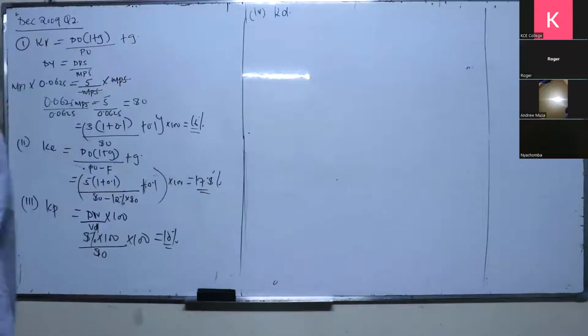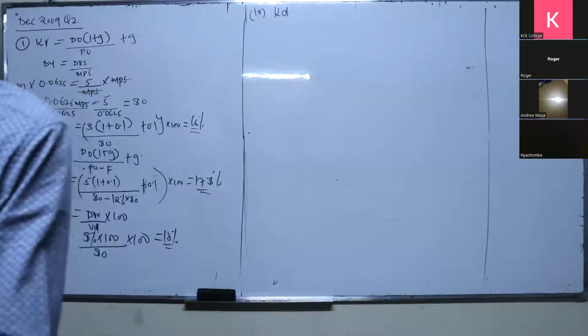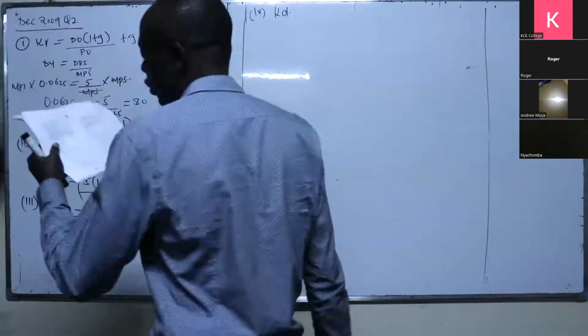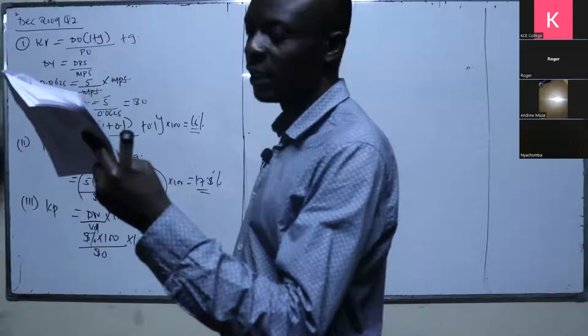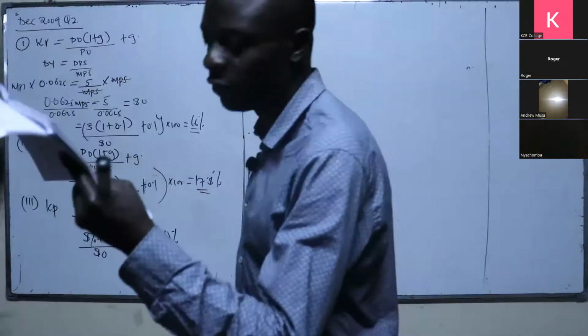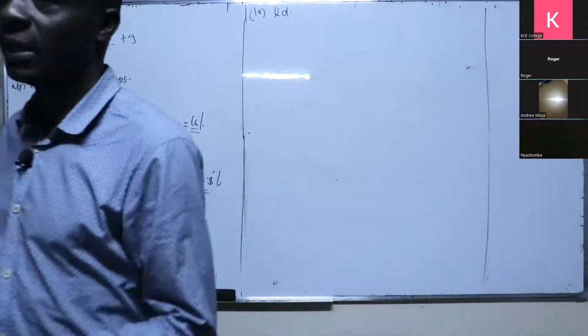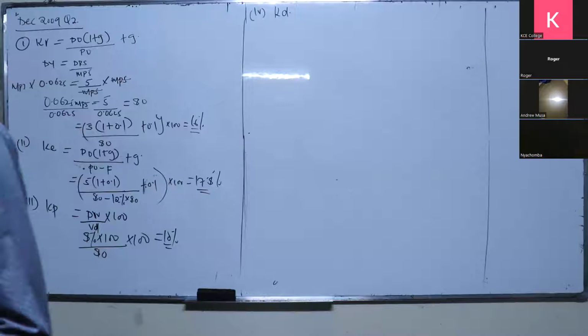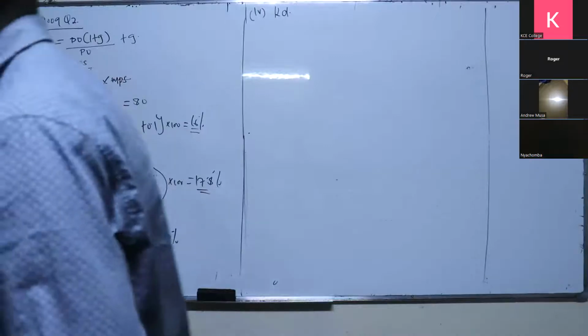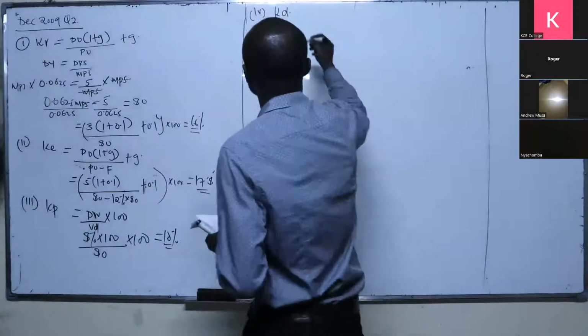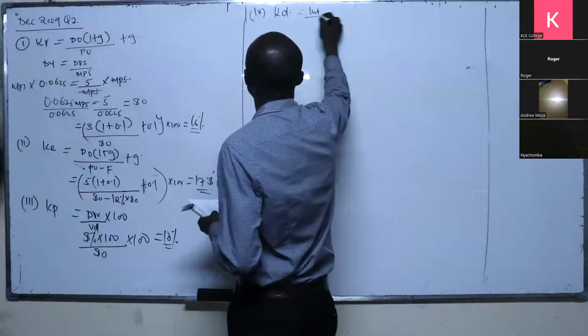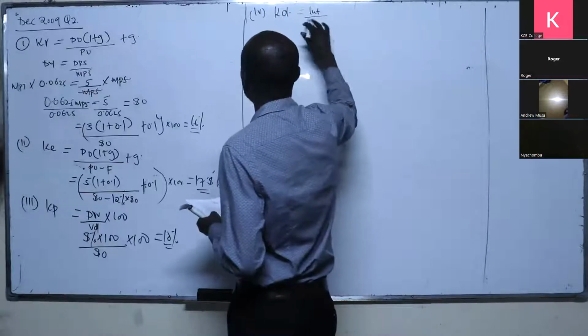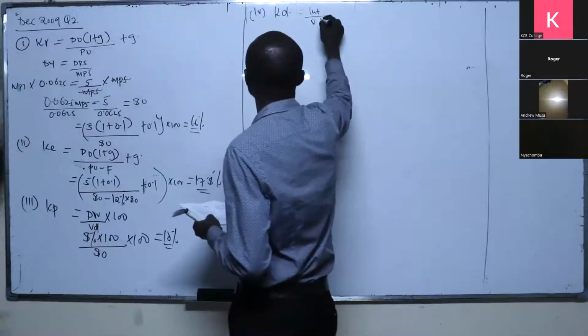So we check whether it is redeemable or irredeemable. Which kind of debenture is this one? We don't have a maturity period, so it is irredeemable. So here we say it is interest over VD.